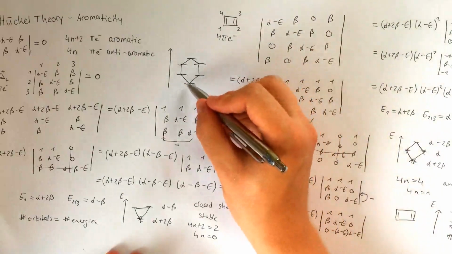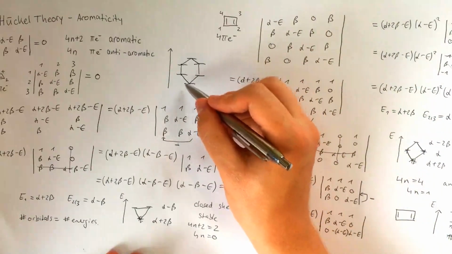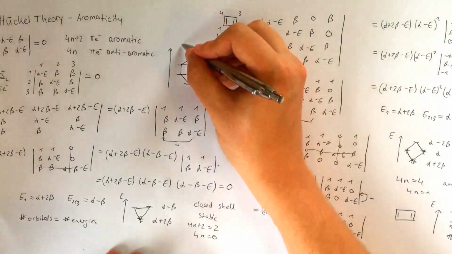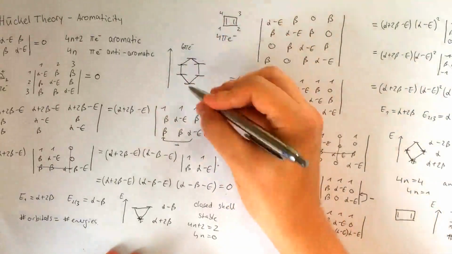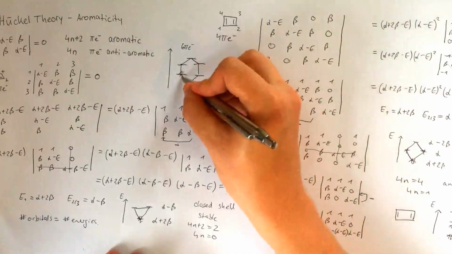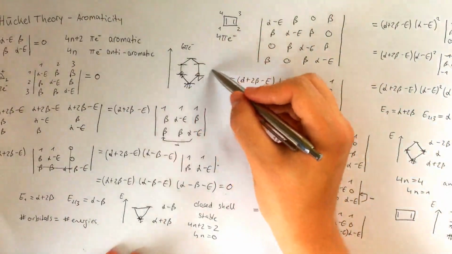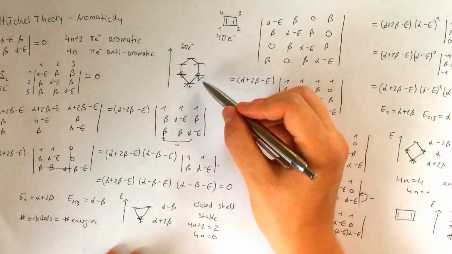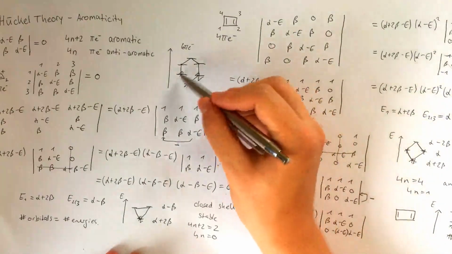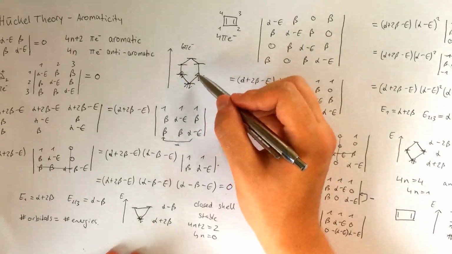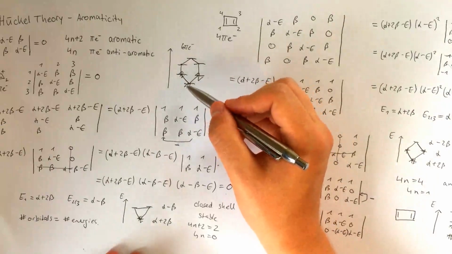And then I draw one energy level at each of the corners. And for benzene, we have 6 pi electrons, which we can fill in like this. And we see in benzene, we have no unpaired electrons. We fill only the bonding orbitals, which means benzene is aromatic and stable.